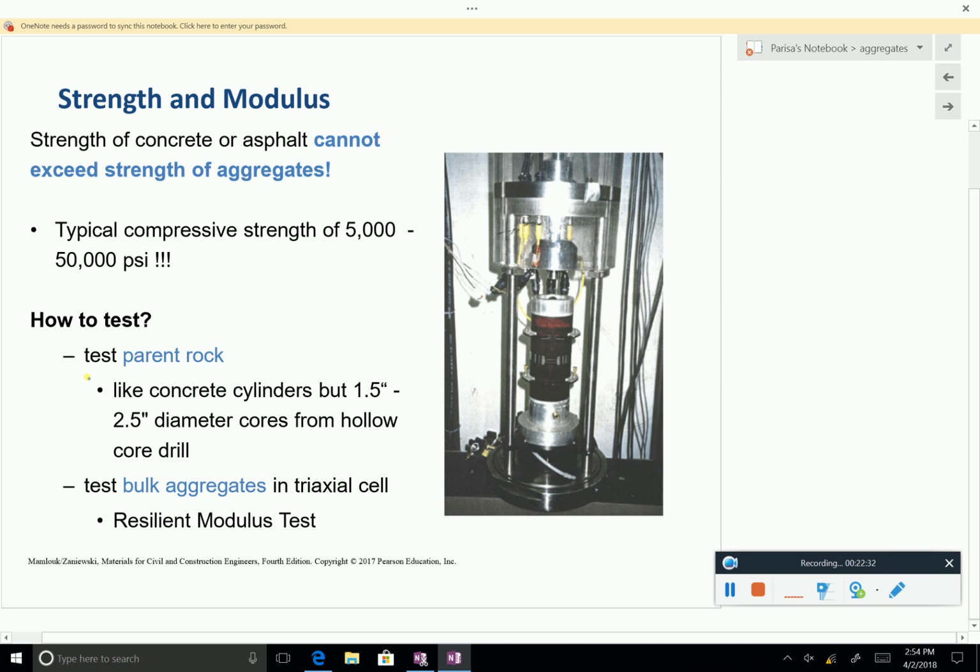You can measure the strengths of the rock. You just drill a core from the rock, measure the strengths, or you look at the bulk aggregates in a triaxial cell. We don't look at the details of any of these, but I want to give you an overview. And resilient modulus test is being used for asphalt concrete.